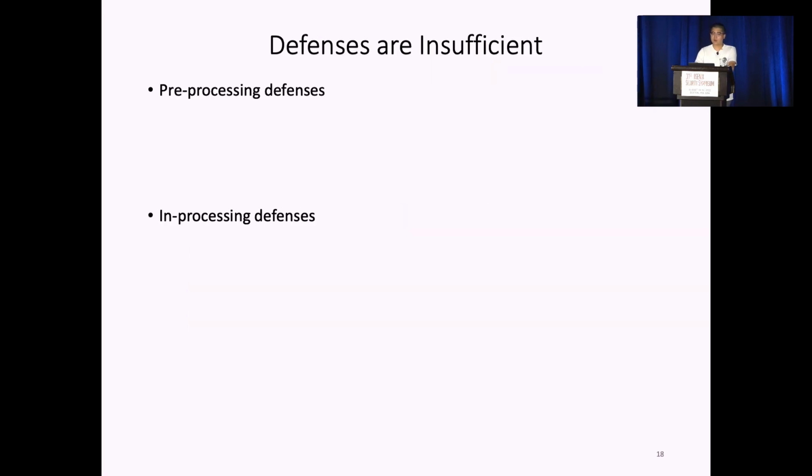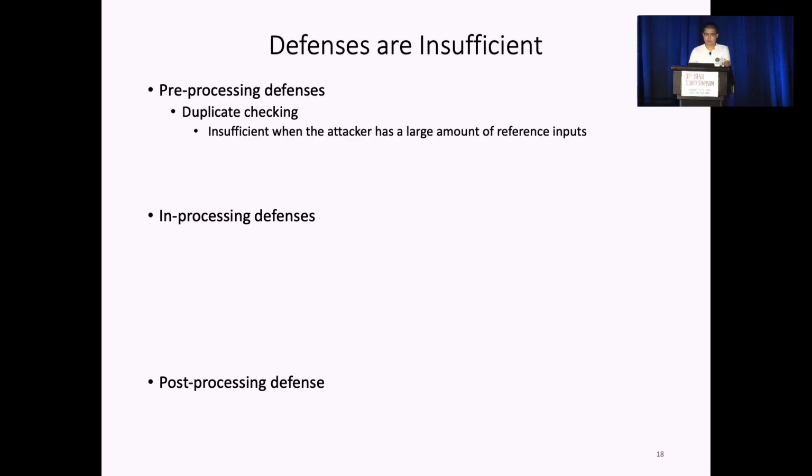We also explore three types of defenses against our poisoned encoder. They include pre-processing, in-processing, and post-processing defenses, which are respectively deployed before, during, and after pre-training the encoder. Due to the time limit, I want to summarize these defenses. We show that pre-processing defenses are either insufficient or ineffective.